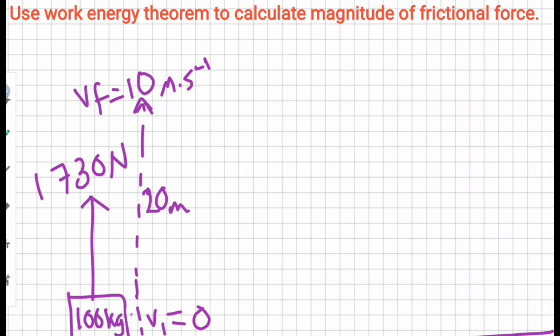Okay, so the free body diagram, we're going to have the force that is pulling up, the 1730 newtons, the forces opposing the up motion, gravitational force, and frictional force.